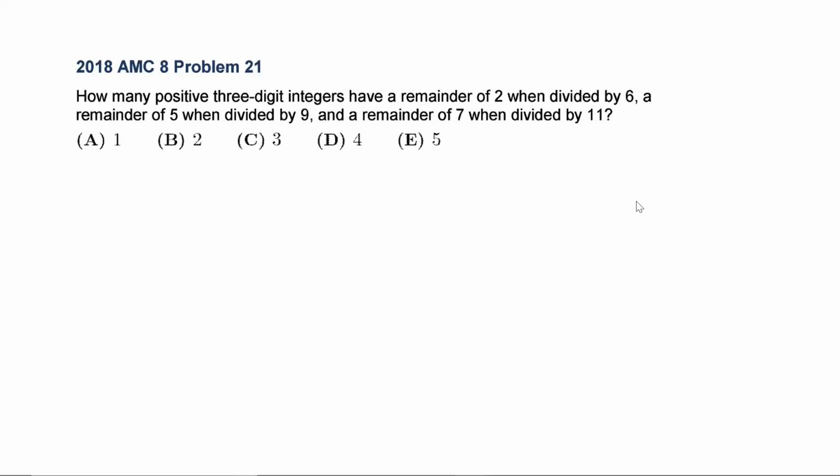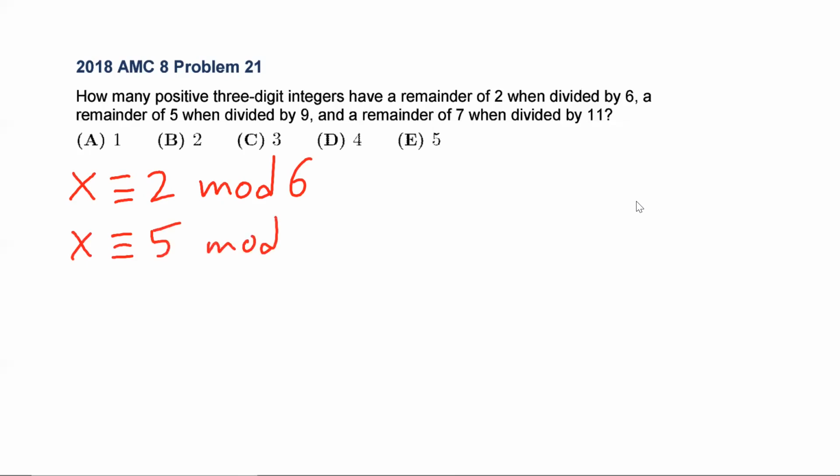So the way this is written, if you let x be your 3-digit integer, then x would be congruent to 2 mod 6, and x would be congruent to 5 mod 9, and x would be congruent to 7 mod 11.